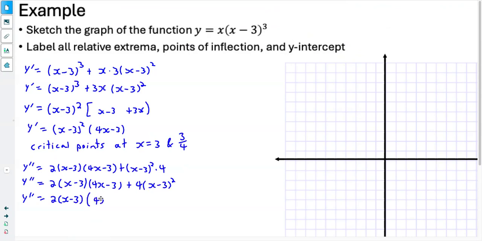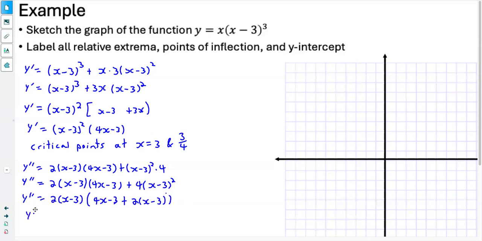That leaves us a 4x minus 3 plus 2 times x minus 3. Or sorry, not squared, we already factored one of those out.